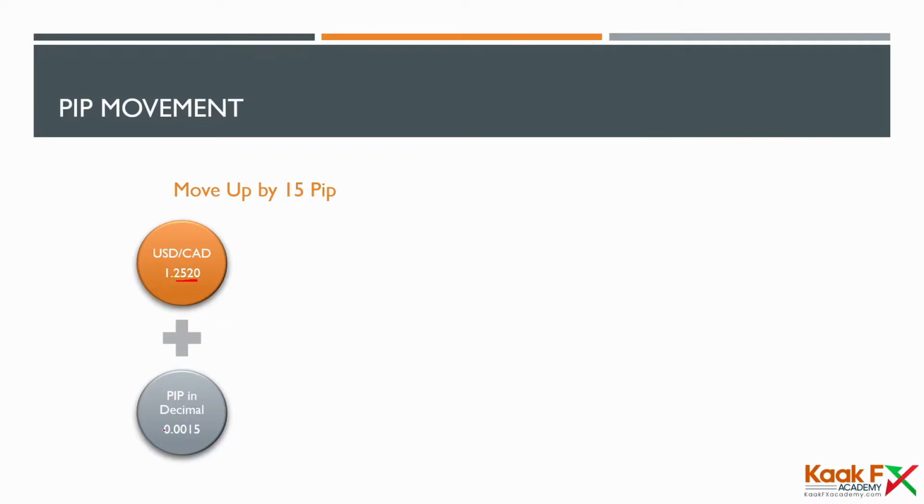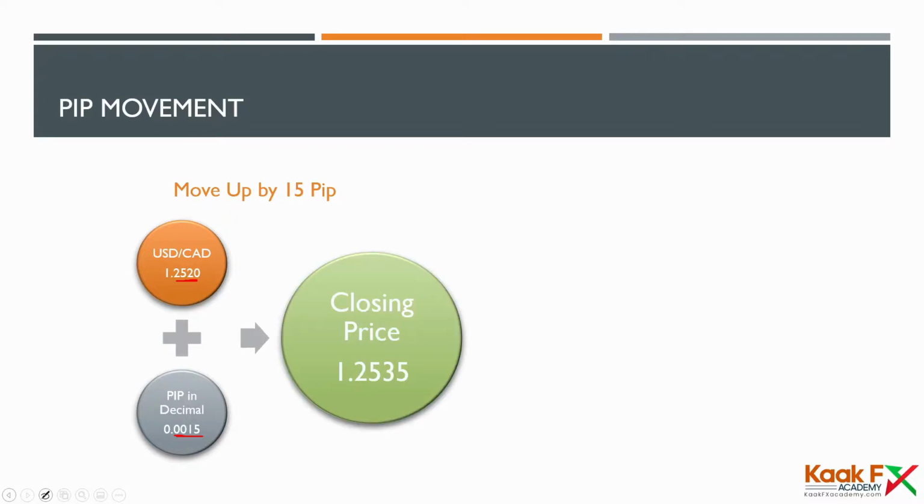So what would be our closing price after making 15 pip on this trade? We add the number of pips in decimal to the original quote price. 15 pip in decimal is 0.0015. When we add it, we get the final closing price, which is 1.2535.